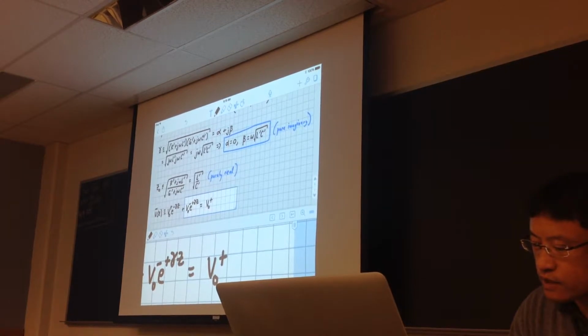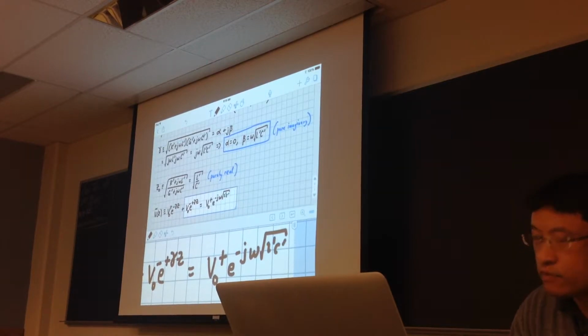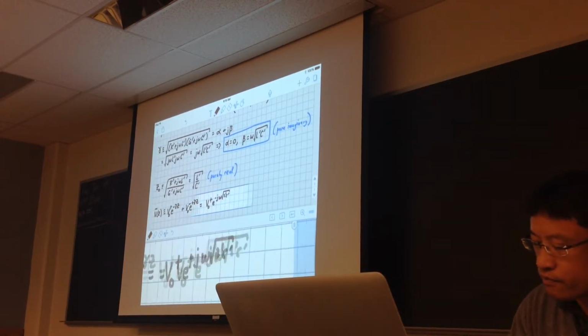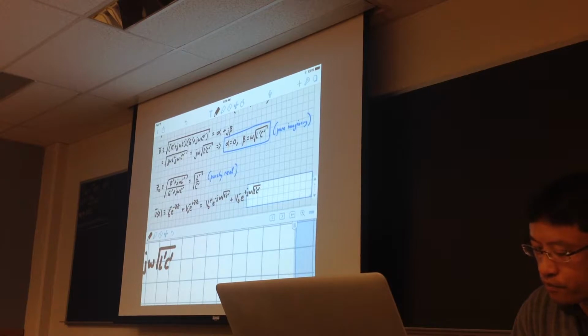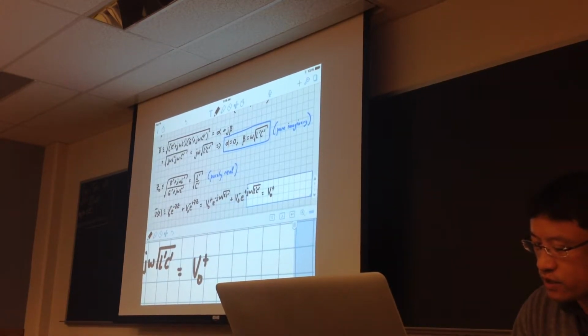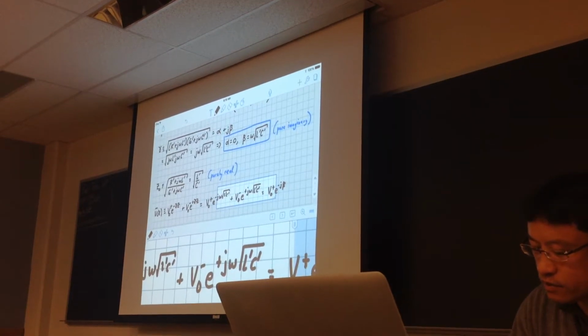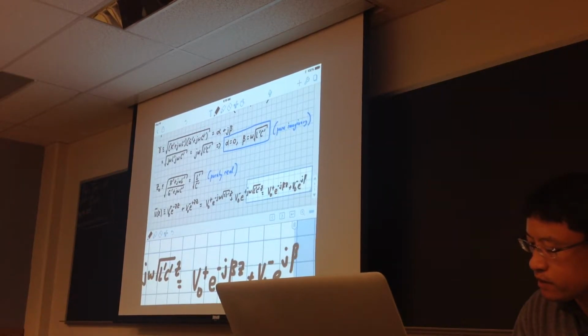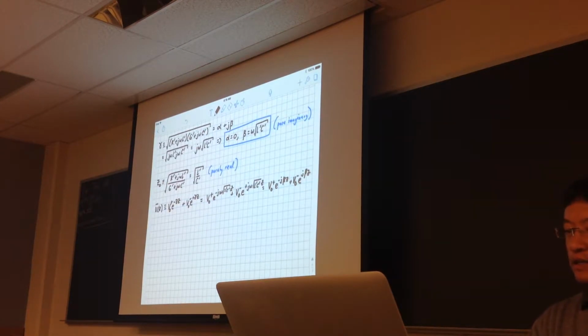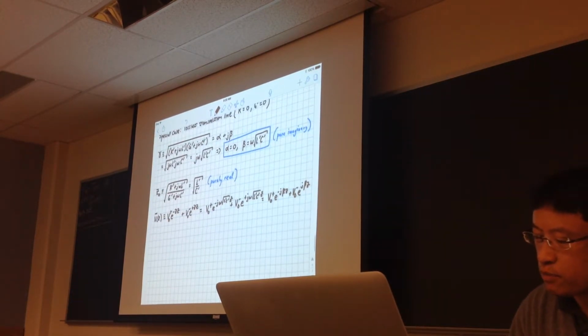So gamma is j omega square root of L prime C prime, and we would typically write this as V of z equals V0 plus e to the minus j beta z plus V0 minus e to the plus j beta z, where beta is omega square root of L prime times C prime.